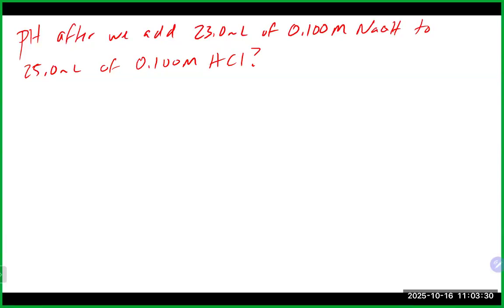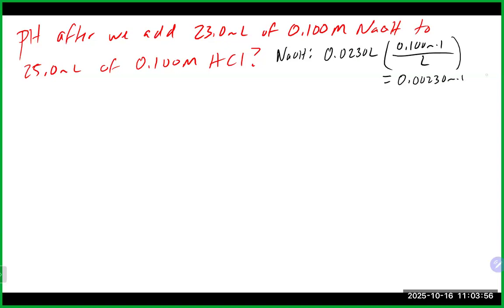So clearly we're doing a titration, and we already started the titration, so we definitely need to get some moles. So we'll do our sodium hydroxide here: 0.023 liters times the molarity of our sodium hydroxide, 0.1 moles per liter. And that's going to get us 0.0023 moles of sodium hydroxide.